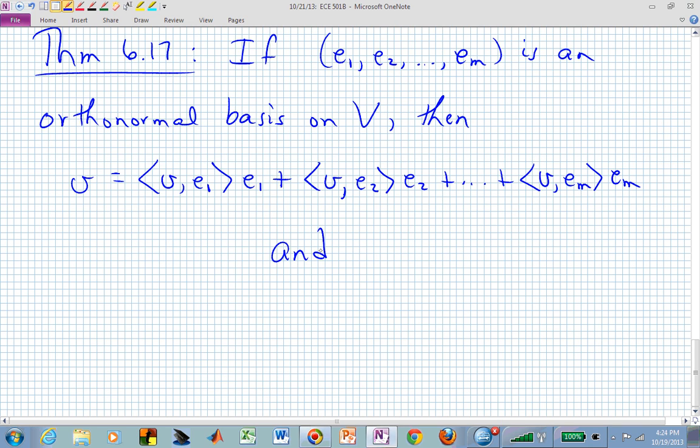We can then decompose any vector v this way, and we can compute the square of its norm quite easily based on a previous result: we take the absolute value of these scaling factors, a sub 1 for e1, a sub 2 for e2, square each absolute value, and add them up, and that gives us the square of the norm of v.